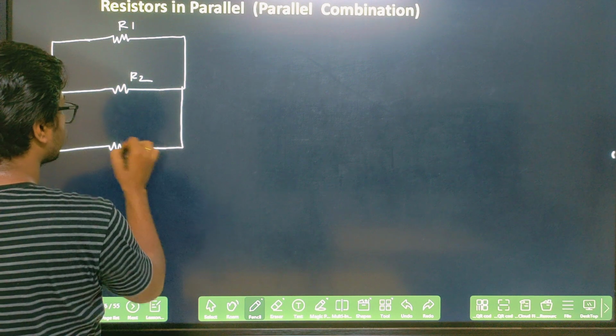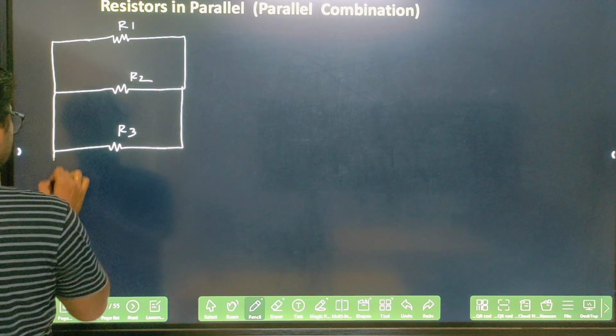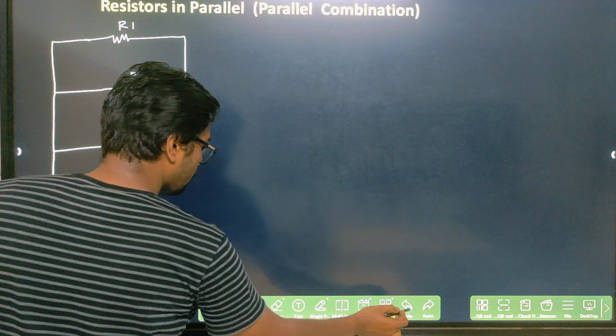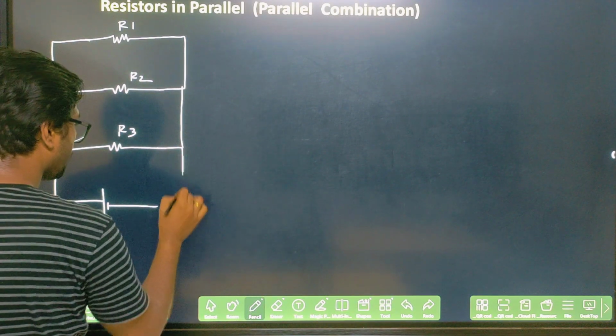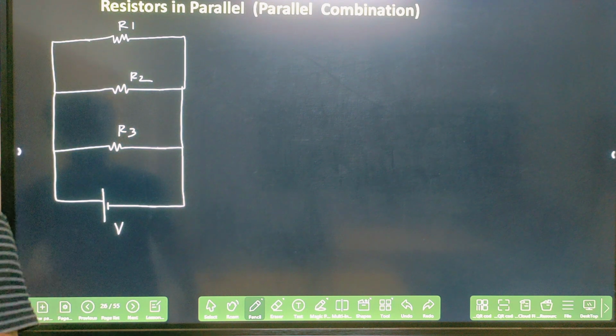I am taking 3 resistors and I will generalize for n resistors, and they are connected to a cell of V potential. Clear?